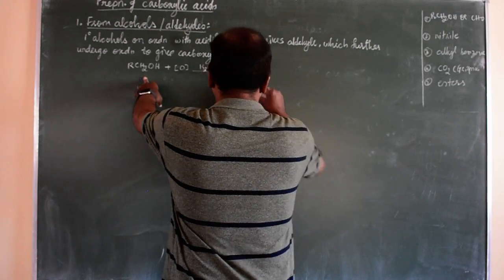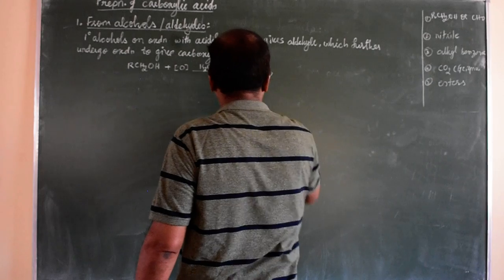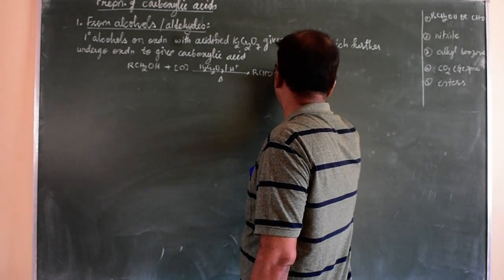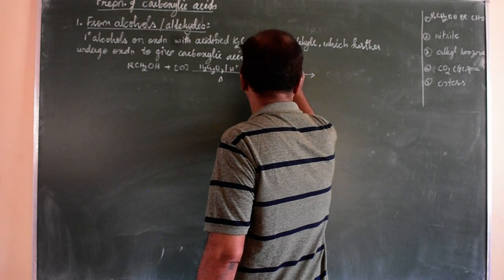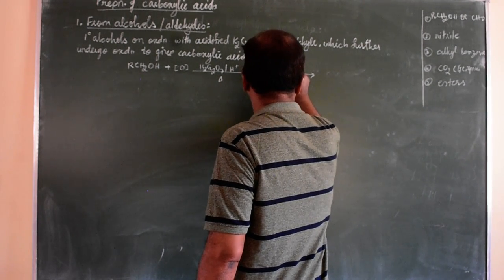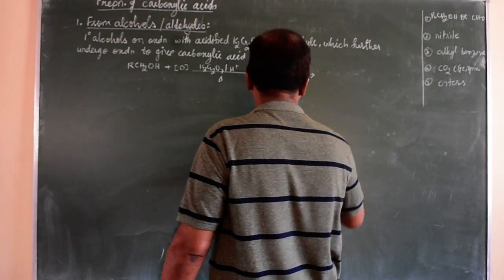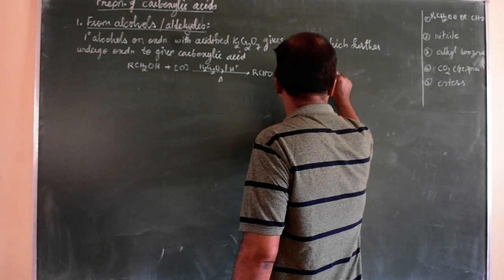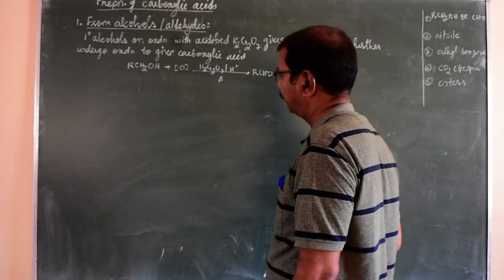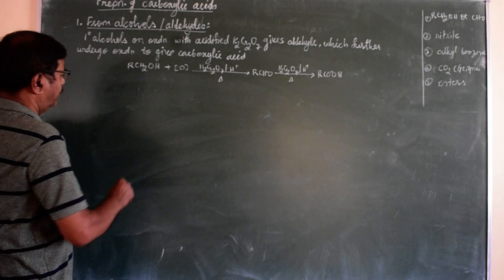The product formed is aldehyde. The aldehyde formed further undergoes oxidation by K2Cr2O7 and H+ to give carboxylic acid. It is more stable compared to aldehyde. So we can get carboxylic acid from 1 degree alcohol.